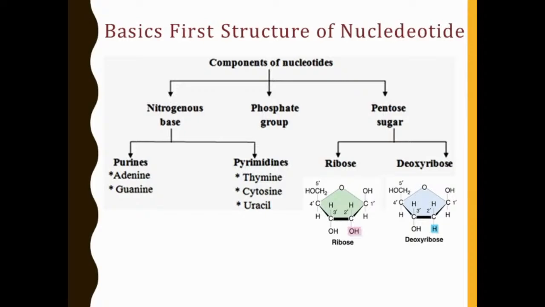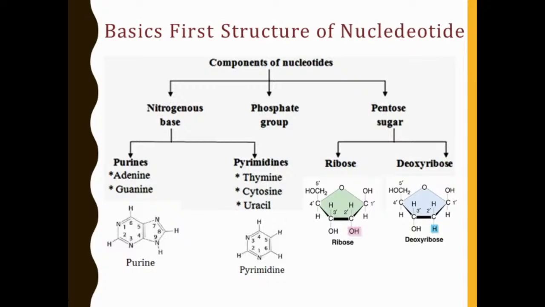Now the nitrogenous bases. Two types of nitrogenous bases, pyrimidines and purines, exist, and here we have shown the skeleton structures of these bases. Purine is a heterocyclic ring of 9 atoms of carbon and nitrogen, whereas the skeleton of pyrimidine is a heterocyclic ring of 6 carbon and nitrogen atoms.